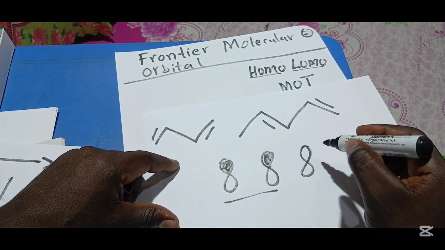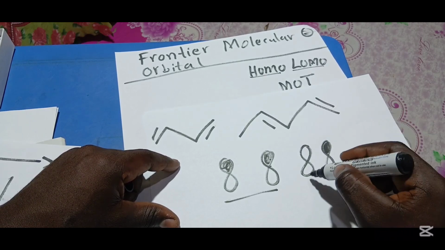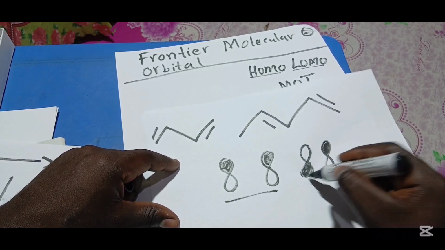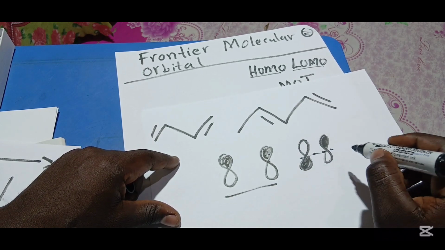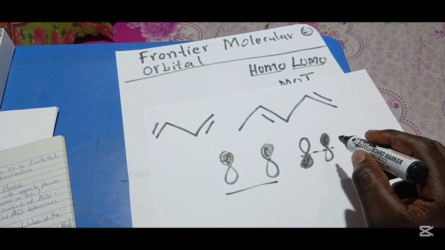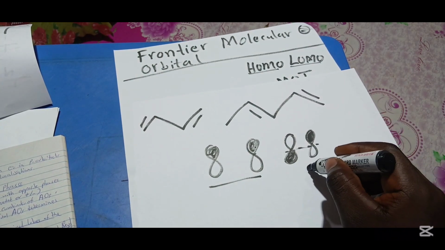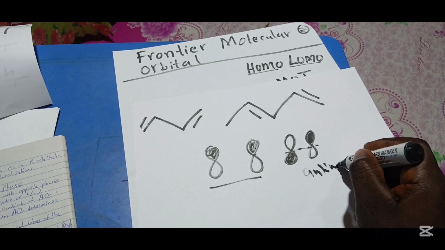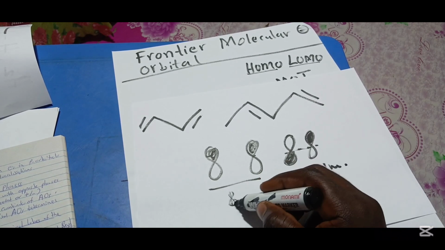We can also have something like this where the shaded portion is up and for this the shaded portion is down. In this case, this is going to be destructive overlap. This is going to give us an anti-bonding molecular orbital, and this is going to give us a bonding molecular orbital.